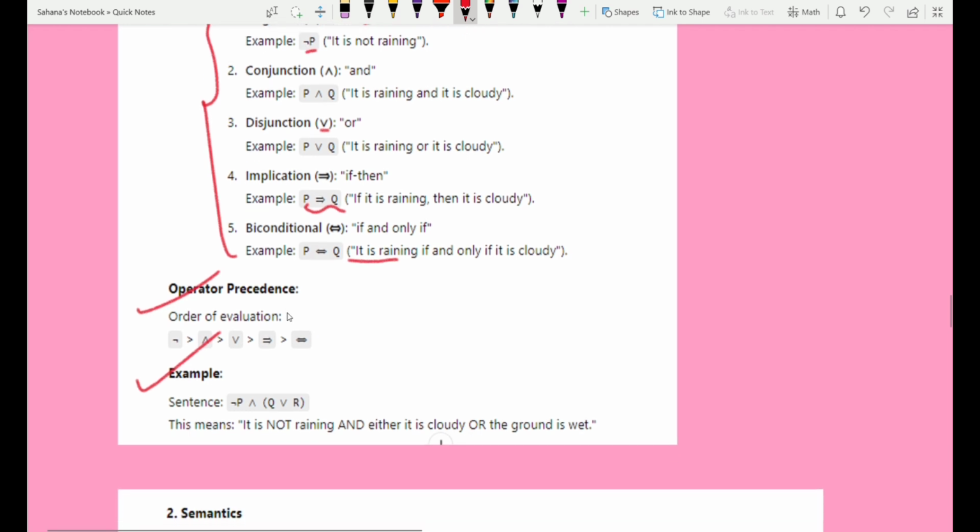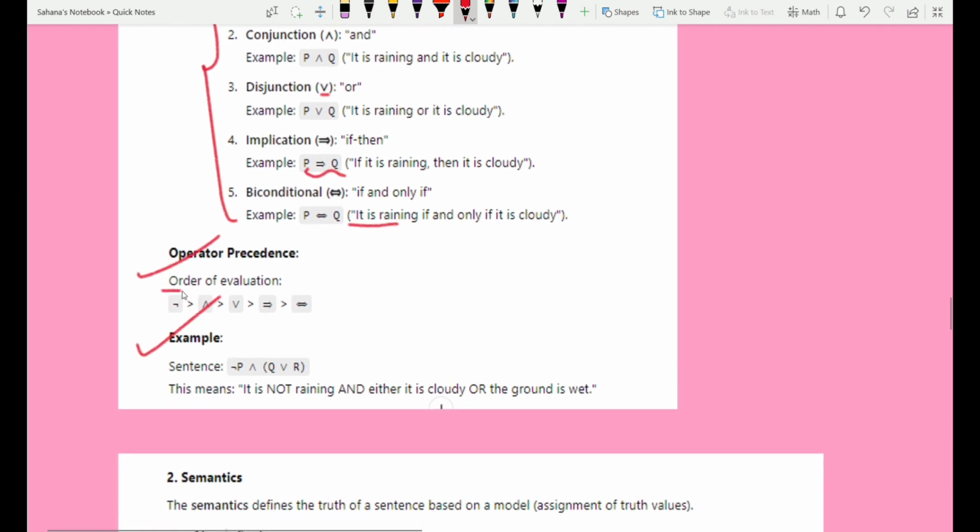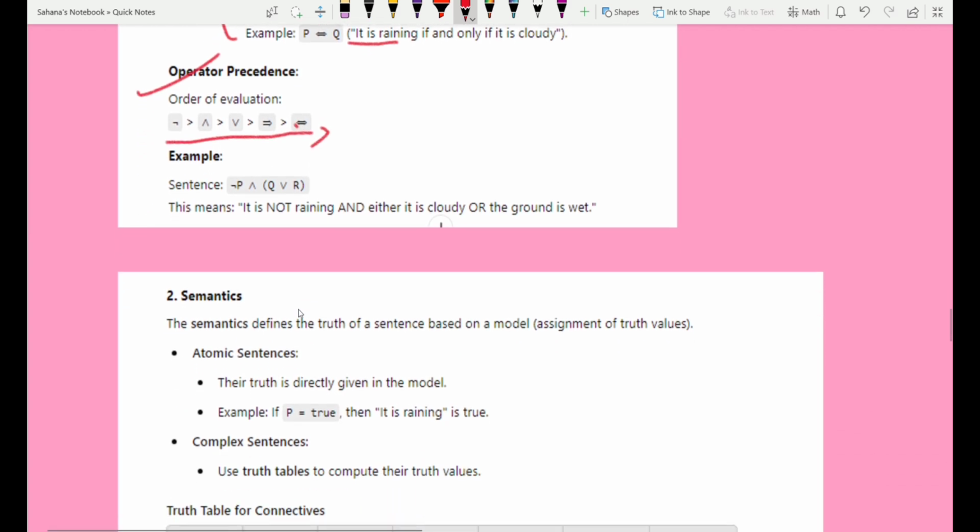Okay, this is operator precedence, the order of evaluation: negation, and, or, implication, and then biconditional. For example, the sentence not P and Q or R means it is not raining and either it is cloudy or the ground is wet.